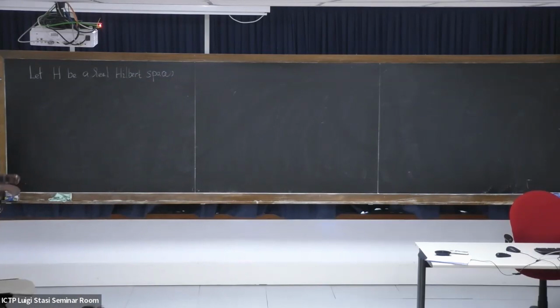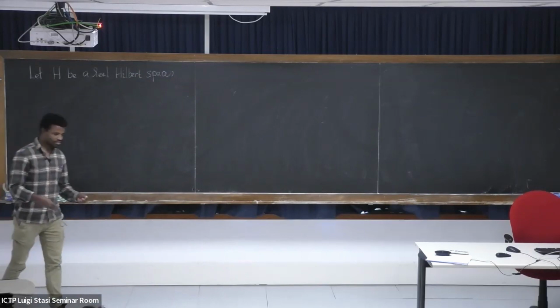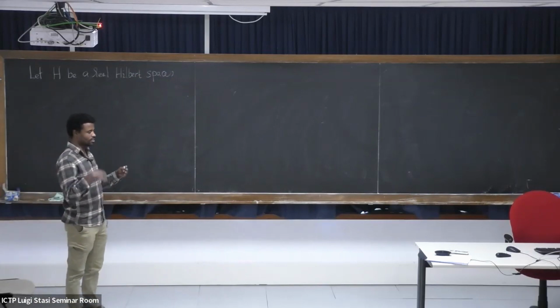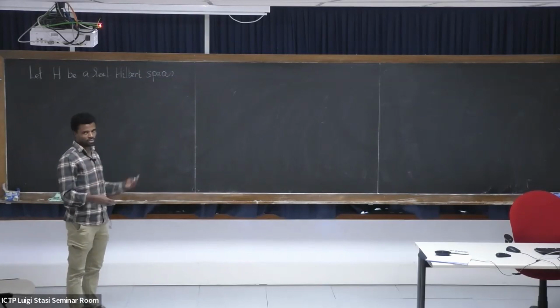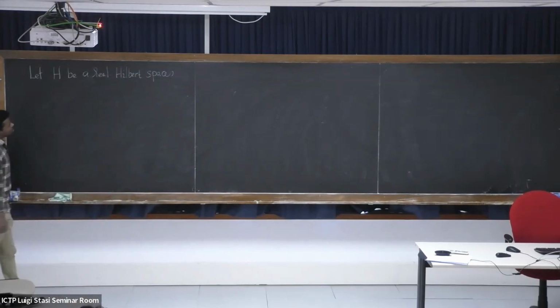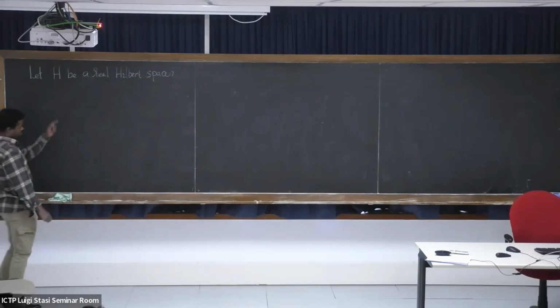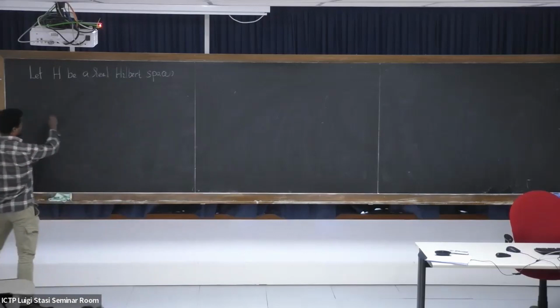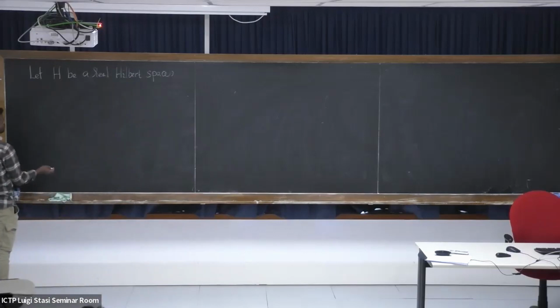Let me start by recalling what I discussed before when it comes to the Hilbert space case. What makes things simple in the Hilbert space case is just to remind you and to recall it.